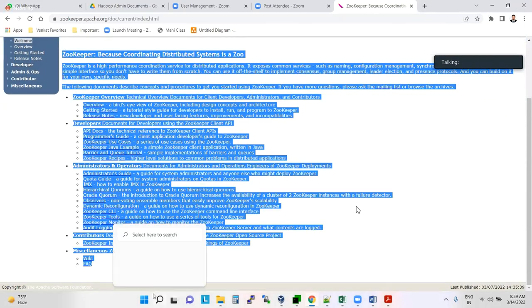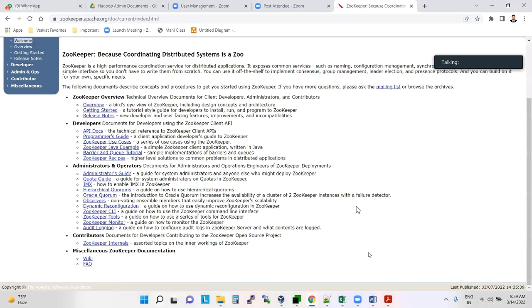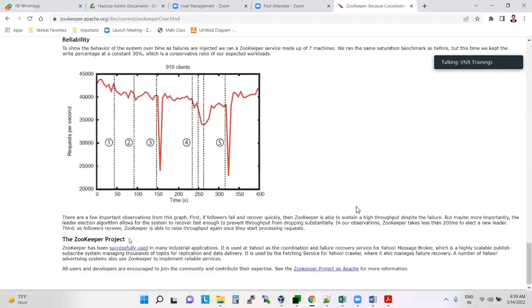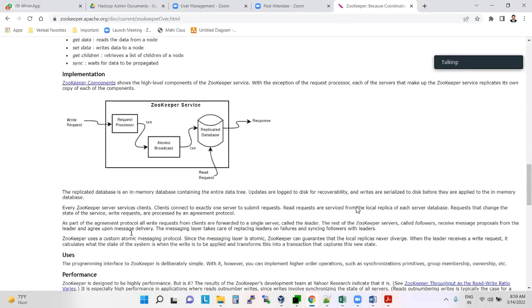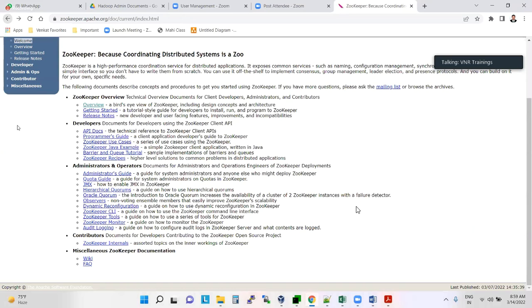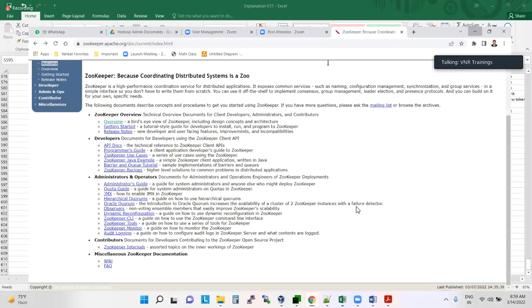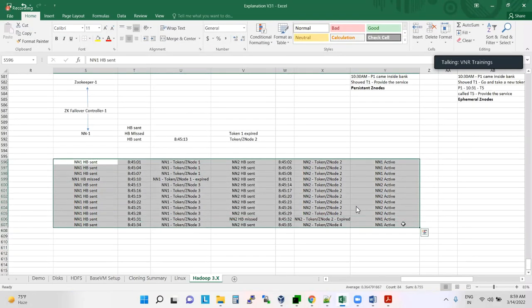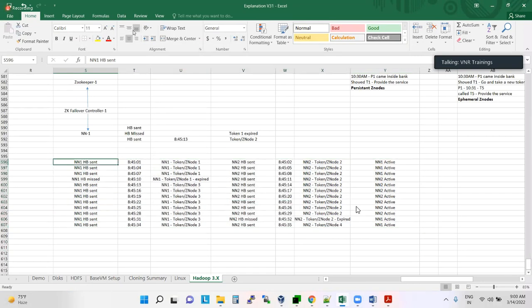Understood, guys? Hardly will you click on the overview. How many pages do we have? Please concentrate on the Zookeeper part. This is very, very important, because Zookeeper will be used in many other places also.